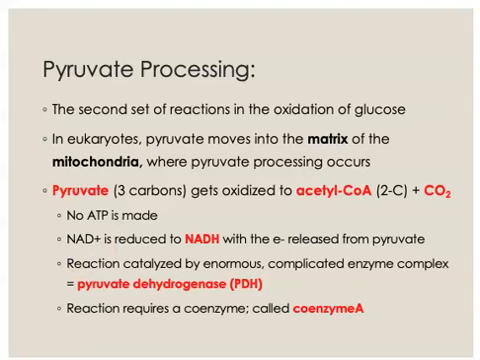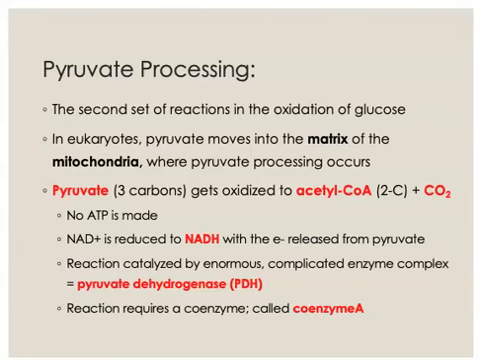The other thing to know about pyruvate processing is that this enzyme, PDH, requires a coenzyme in order for it to catalyze the reaction in an optimal way. Remember, we said coenzymes are these small sort of accessory molecules that help enzymes perform at their optimum.